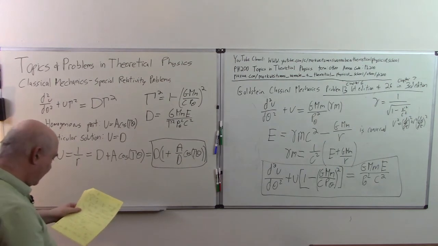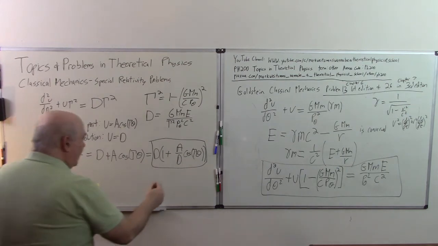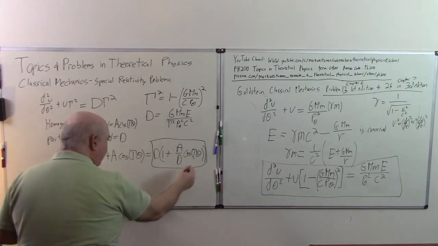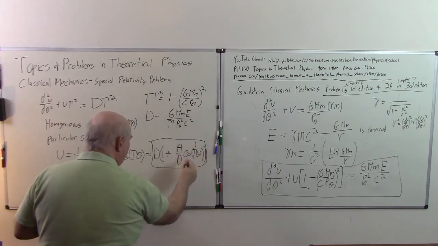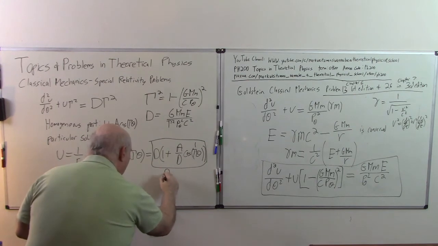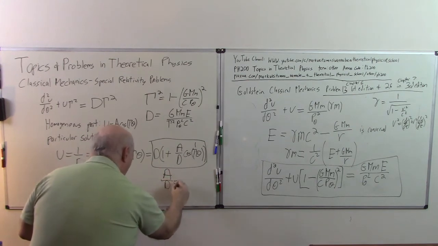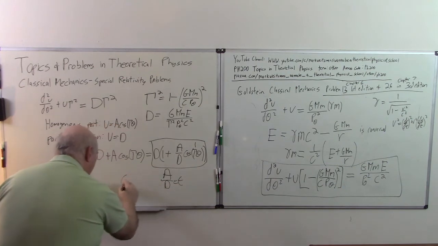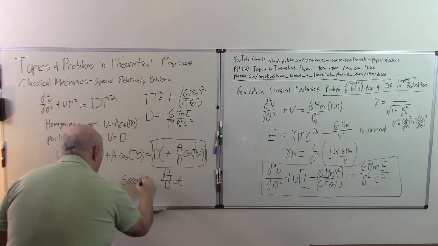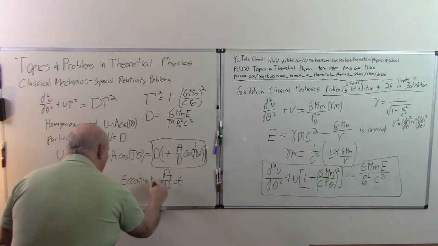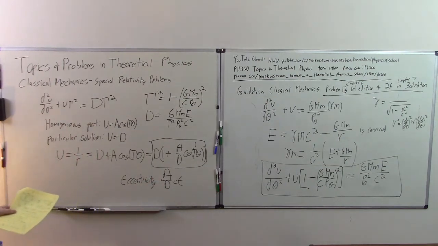What we have to do is identify the parameters. So if gamma was 1, then A over D would be equal to the eccentricity of the ellipse, and also we could write the semi-major axis A. I want to put it in terms of known parameters.